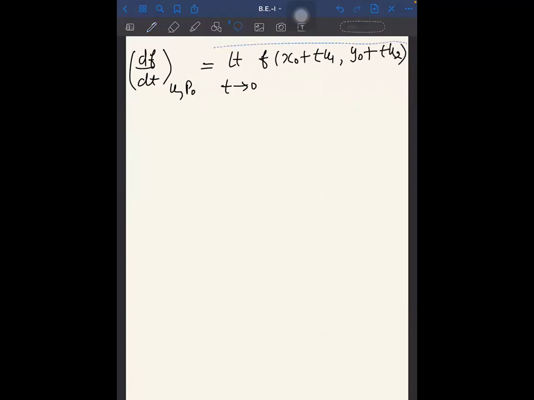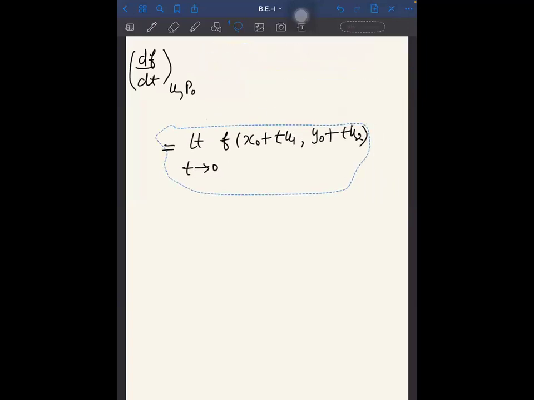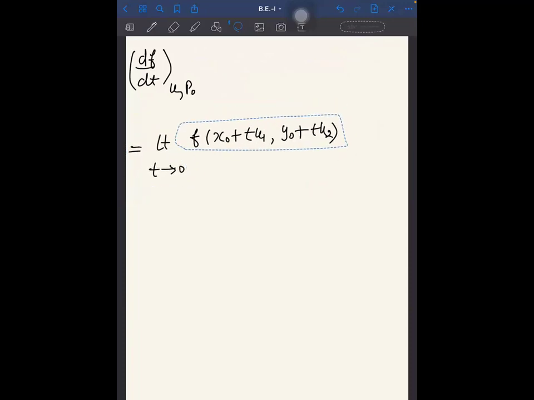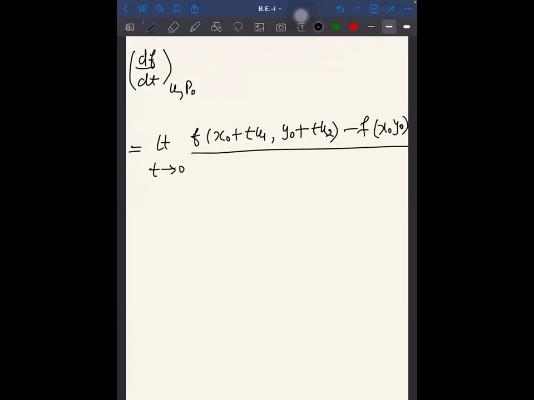So I don't have this piece over here, so let me make it here. Yes, so minus f of x naught, y naught upon t. Are you getting this?